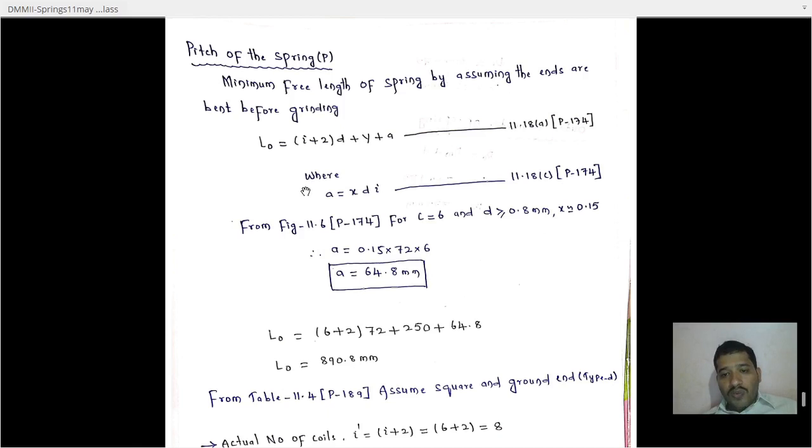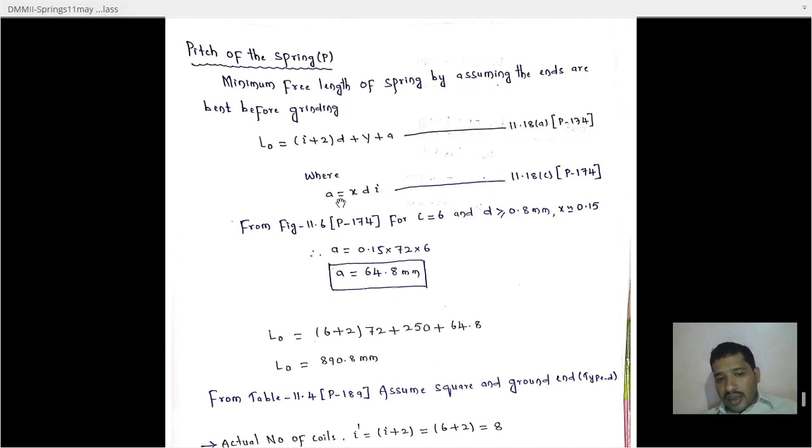You have to refer to page number 174, equation 11.18a. In this equation, we need to find out the value of A. So A equals X into d into i. We need to find out X, d and i.